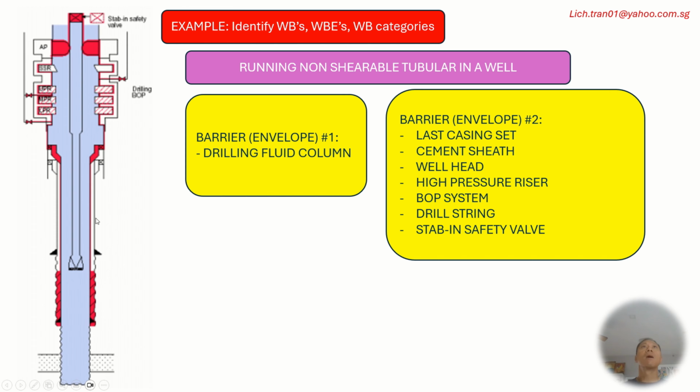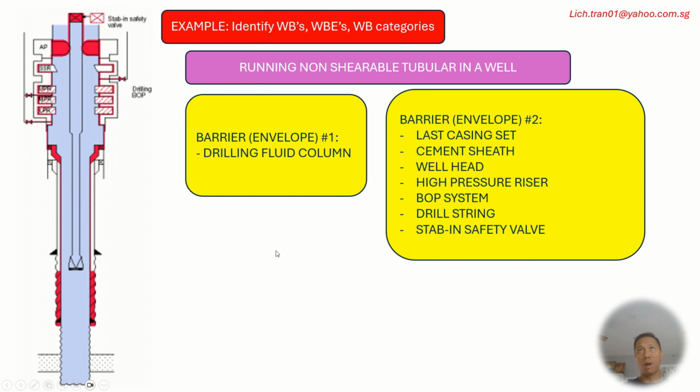The third element is the wellhead. Then the next element is the high pressure riser from the wellhead up to the BOP. The next element is the BOP system. Then the next element is the drill string itself, because it provides a means for closing in the well. And the last element is the stop and safety valve.